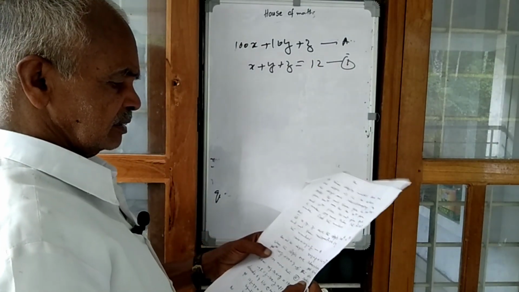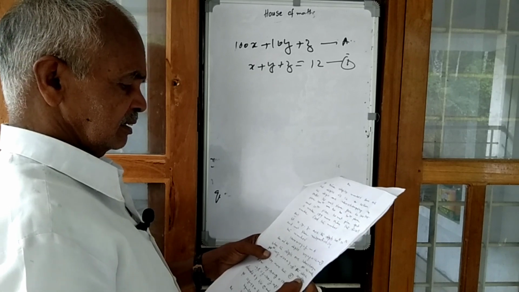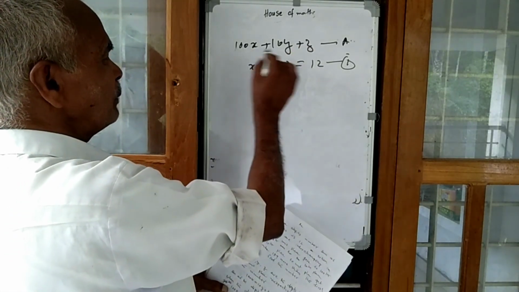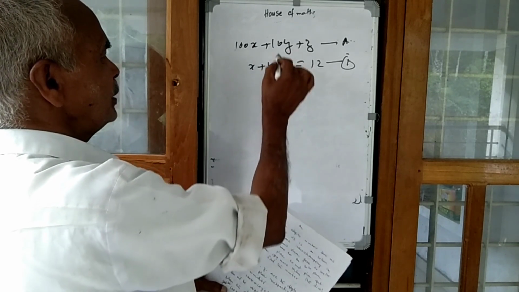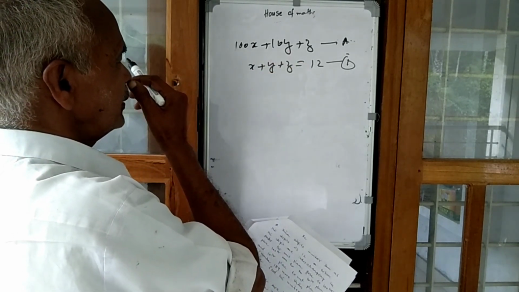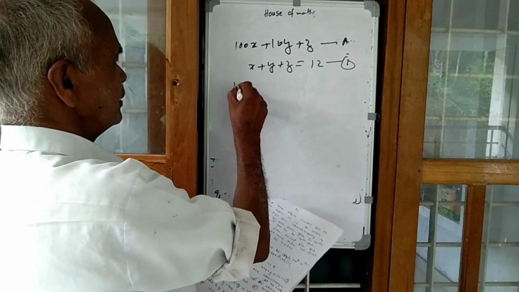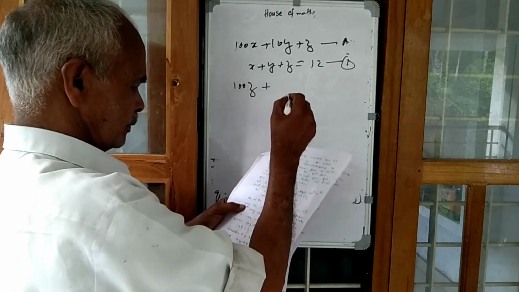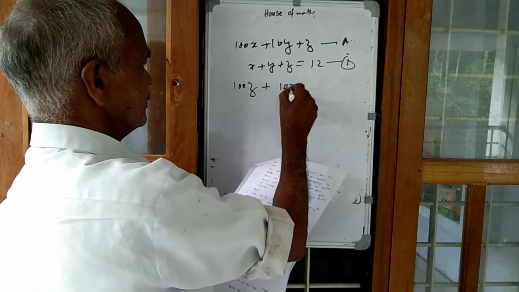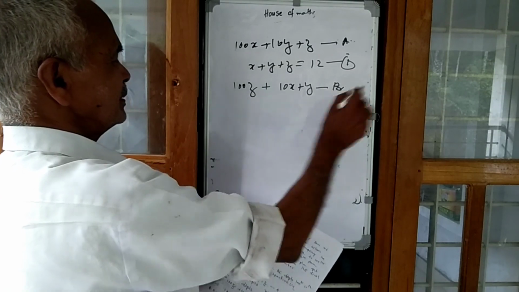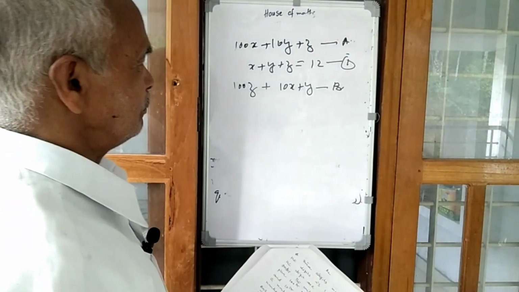When the digits are interchanged, we get a number, that is, unit place goes to the 100th place, 100th place goes to the 10th place, and the 10th place goes to the unit place. Then the number is 100z plus 10x plus y, expression number B. This is the second number.